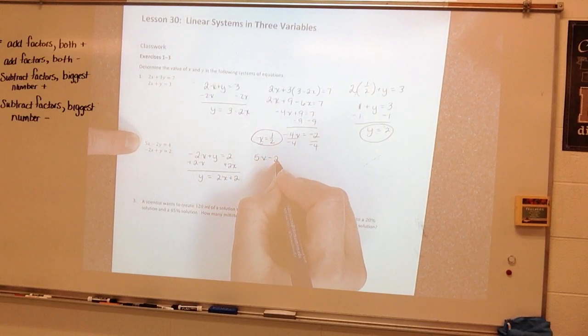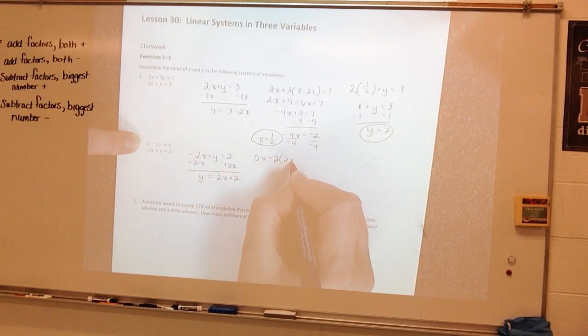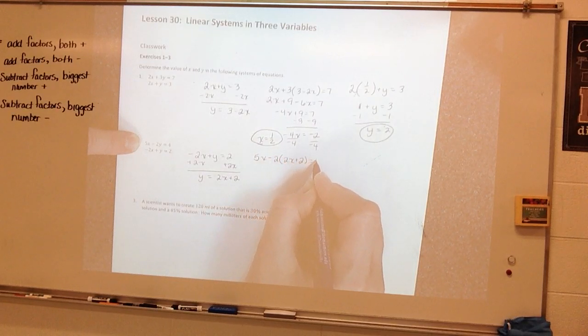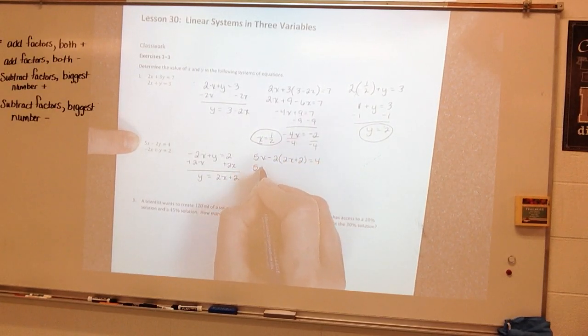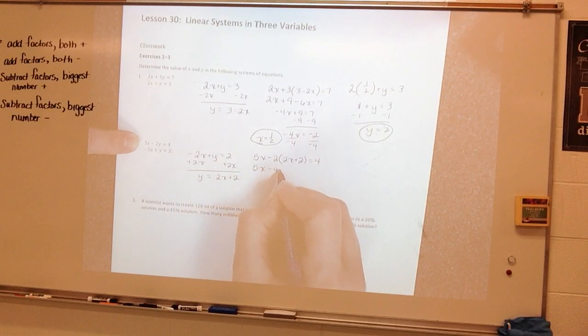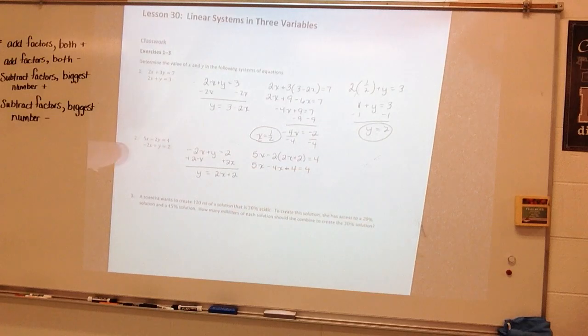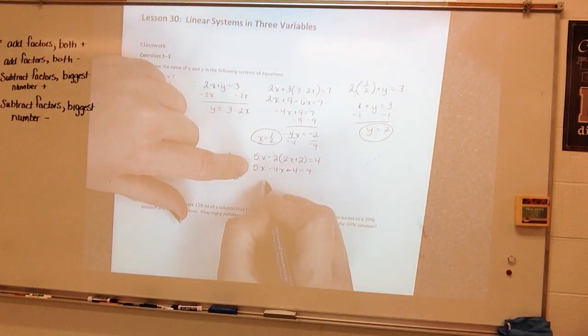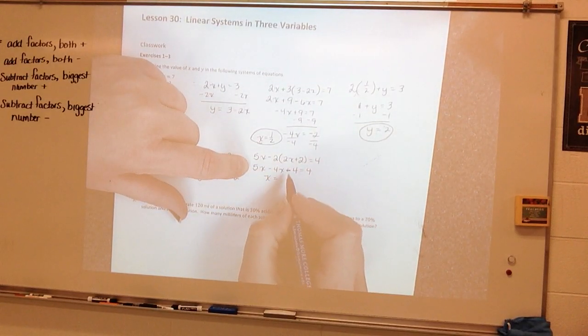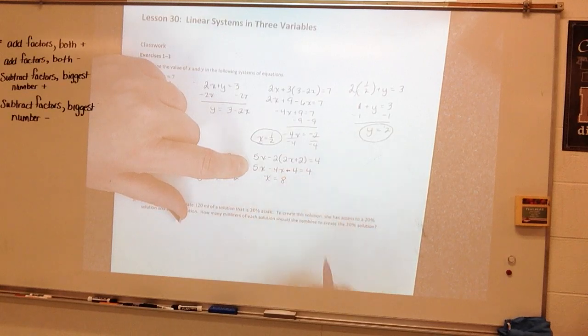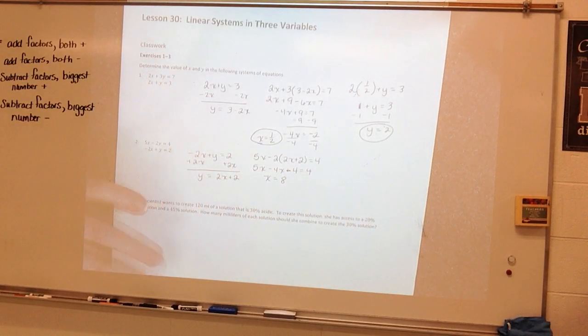So 5x minus 2 times 2x plus 2 is equal to 4. Distribute: 5x minus 4x minus 4 is equal to 4. I'm going to add 4 to both sides, x is equal to 8.